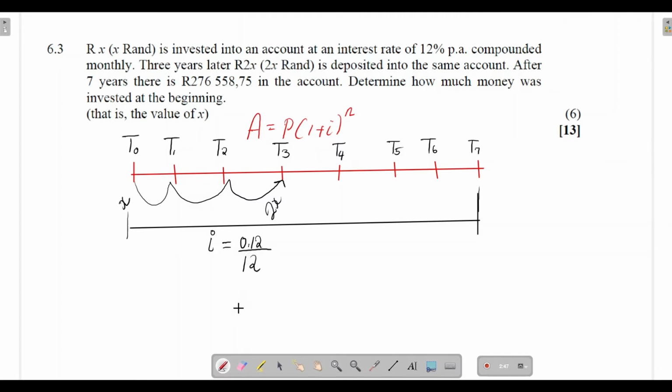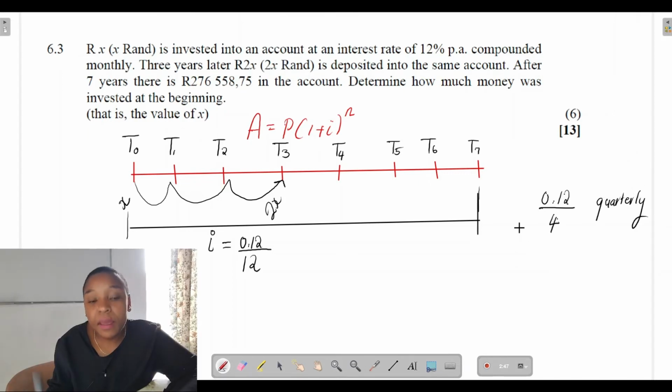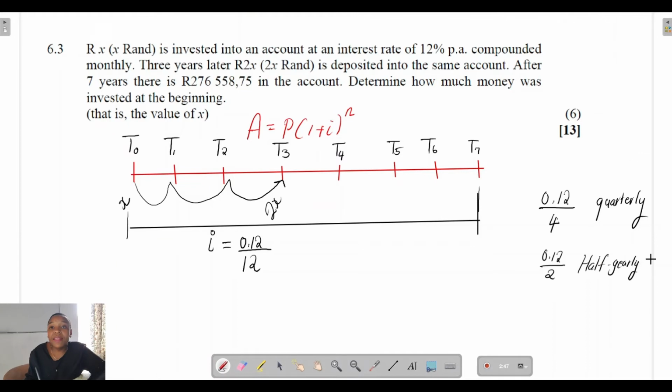If it's compounded quarterly, you take the interest, 0.12, and divide it by 4. If it's compounded semi-annually, or half yearly, it's 0.12 divided by 2.